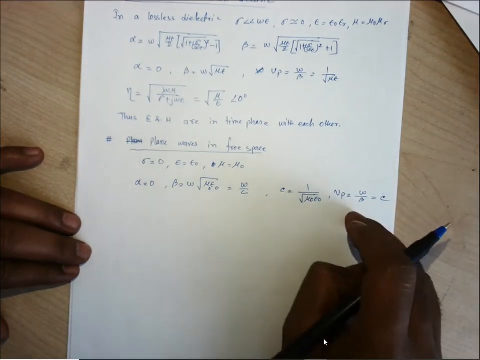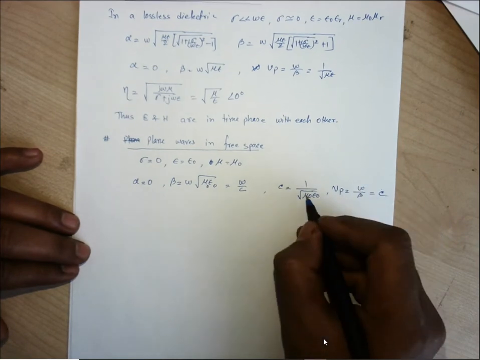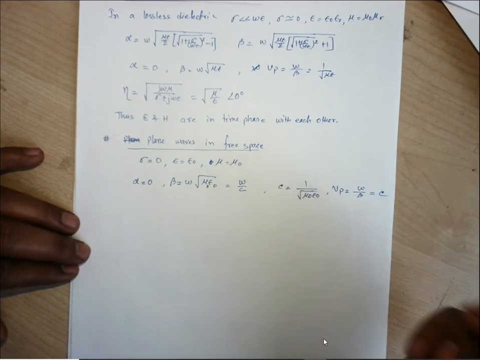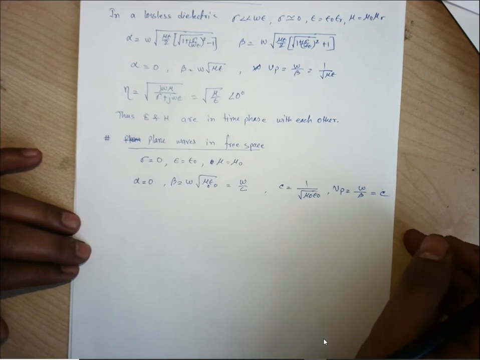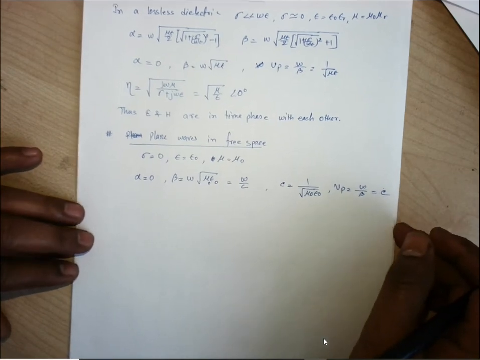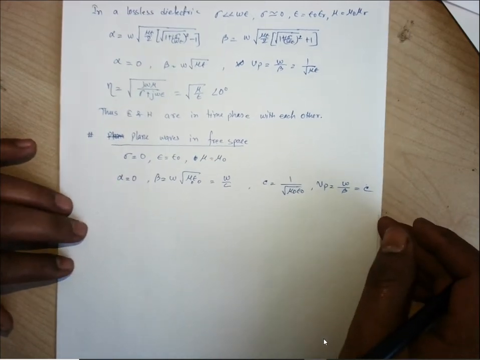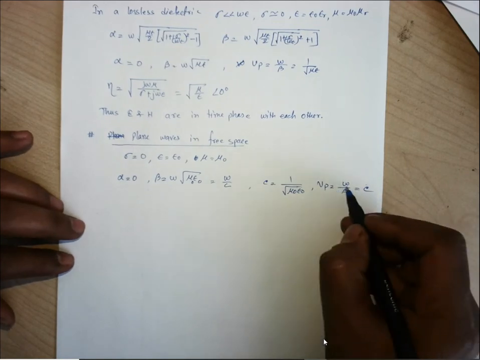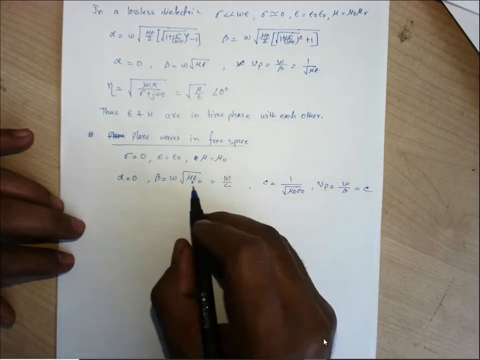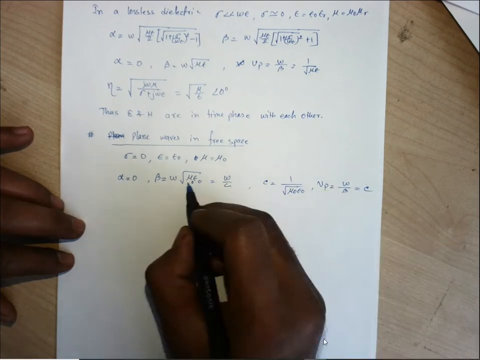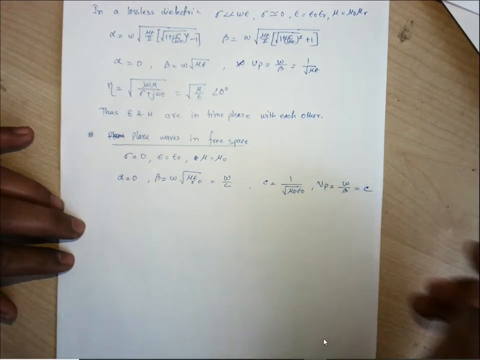Any doubt with this? If we put the numerical value of this mu naught epsilon naught, it will become the speed of light. So in free space, waves which are propagating have the speed of light. Phase velocity is having the speed of light. So omega by beta, if we put beta here, that is omega root over mu naught epsilon naught, so 1 by root mu naught epsilon naught is the same as c.